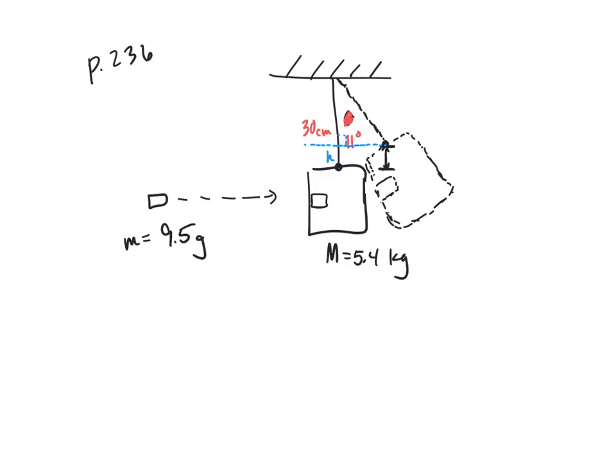So let's see if we can figure that out with a little bit of trig. We know 30 is the hypotenuse. This is 30 centimeters, so it's the same chord physically. If this is 30 and this is 11 degrees, we can figure out from here to here only, and then subtract that from 30 to get what's left here.